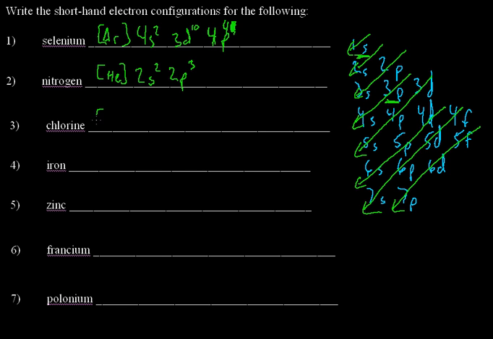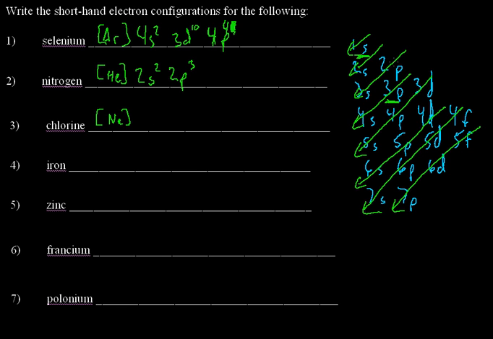Going to take a look at chlorine. Chlorine is also in the P block. To find the noble gas we're going to base our electron configuration off of, we go up 1 and over all the way to the right hand side of the periodic table until we hit the noble gases, and we find that the noble gas that's closest to without being larger than chlorine is neon.